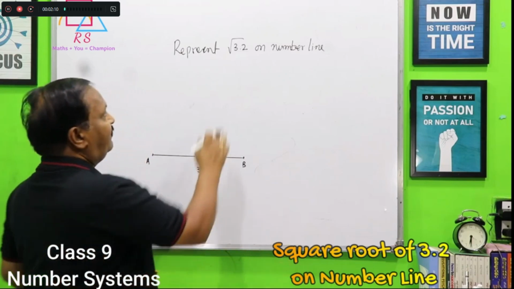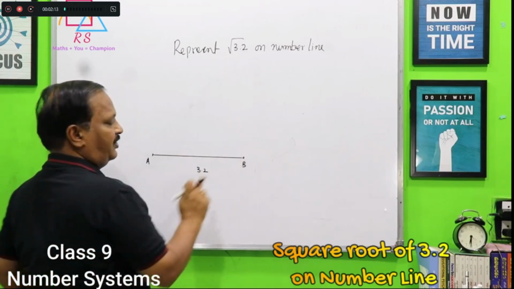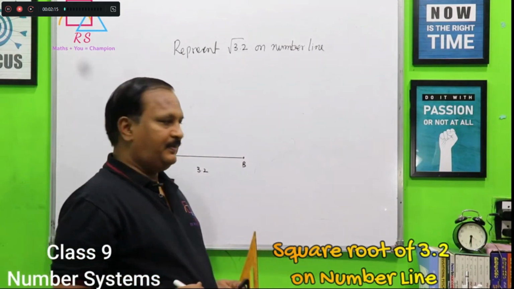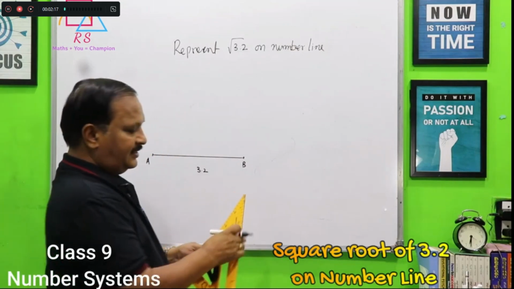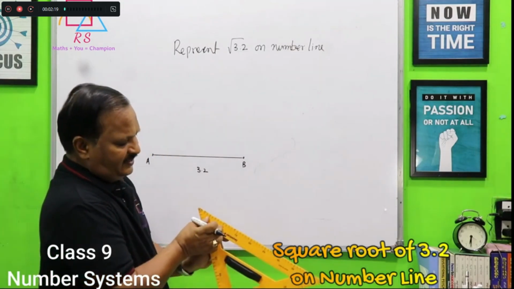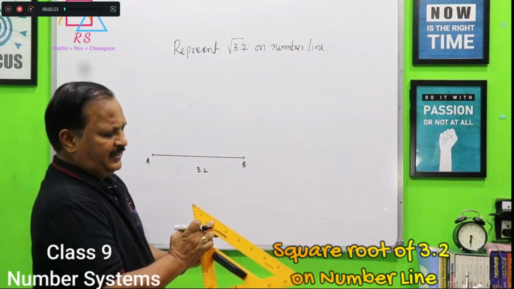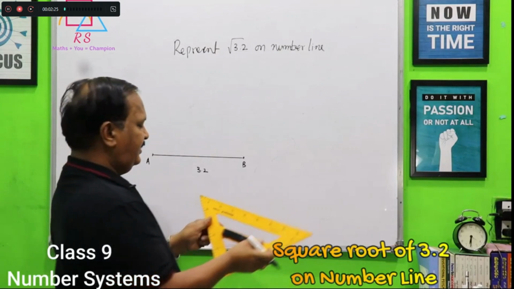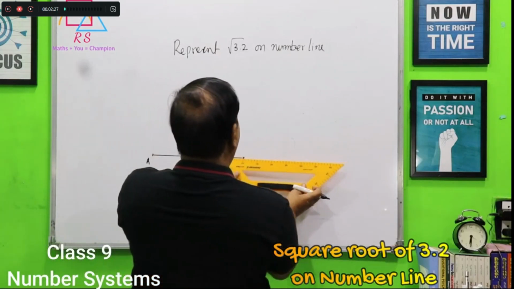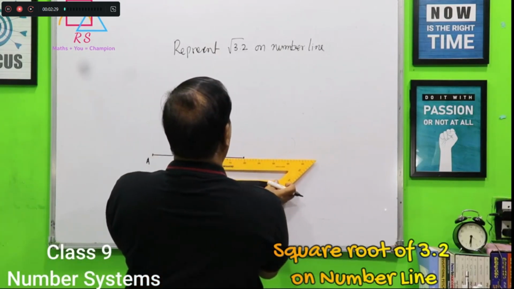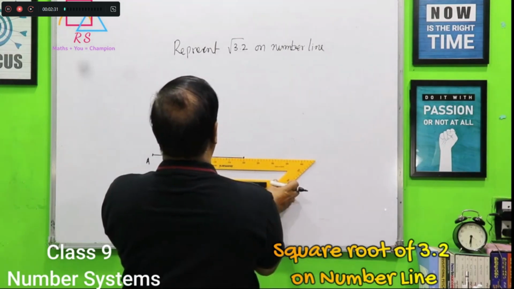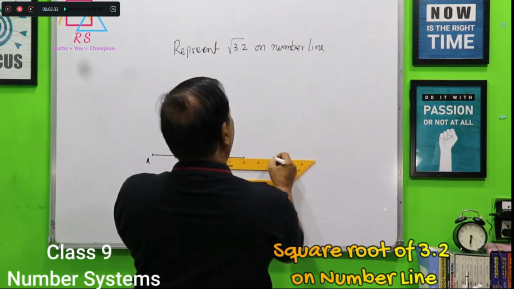So now, whatever is given, you have to draw a line segment. And in this there is a point, this is 1 unit, this is one more unit. So what I will do, I will extend this for one more unit.